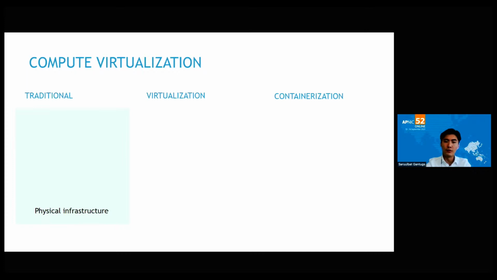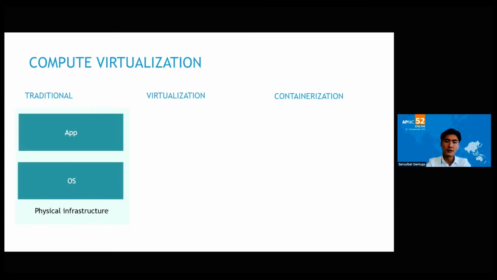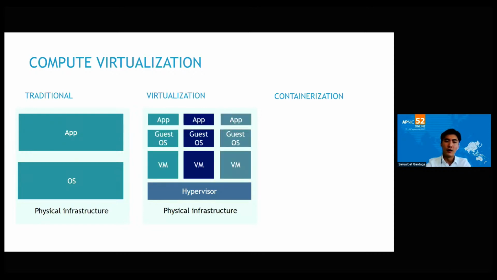At the beginning, we used physical servers for one or two applications with a single operating system. Then we started to use virtualization solutions. As you know, it gives us the chance to operate multiple operating systems on a single physical hardware, plus redundancy, flexibility, more functions and more benefits.